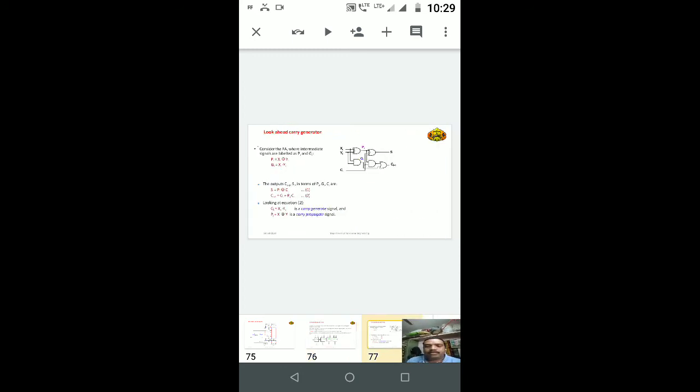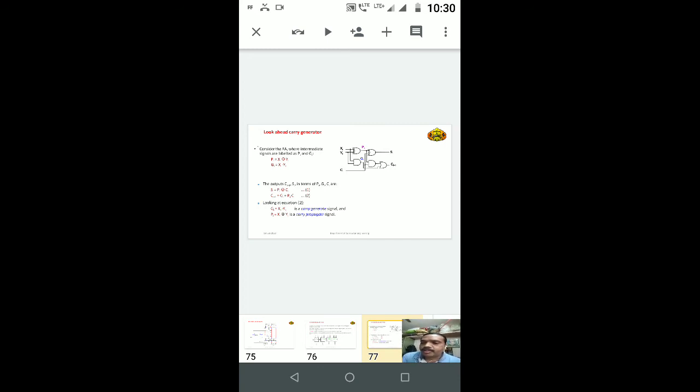This is the slide. This is the full adder circuit, where intermediate signals are labeled as Pi and Gi.